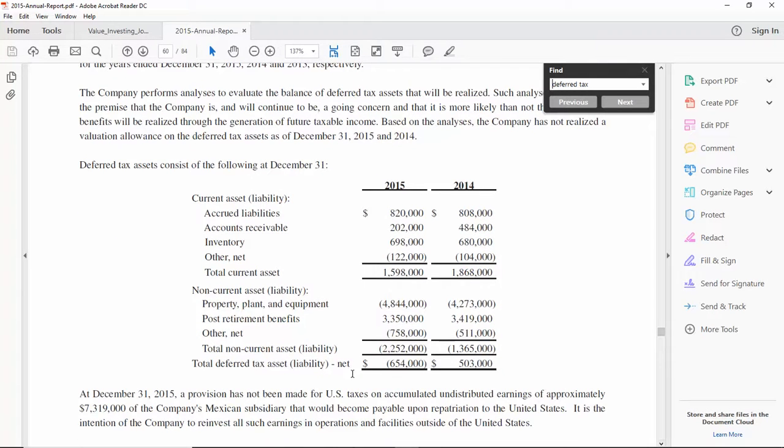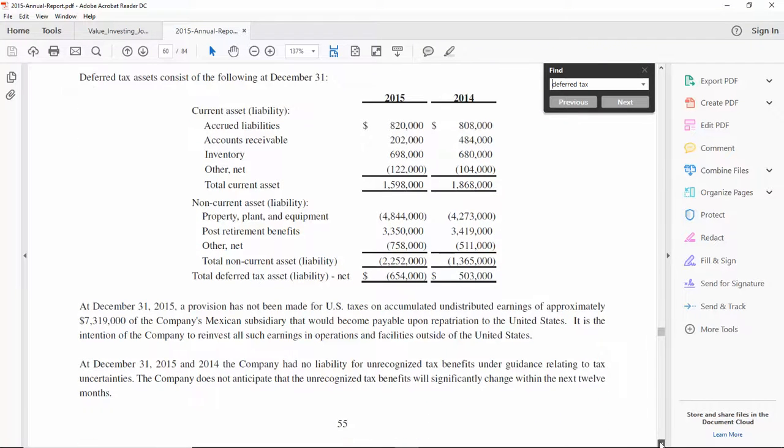Okay, so as of 2015, after everything is said and done, after their assets and liabilities are added up, they have a negative 6.5, or $654,000 net liability.